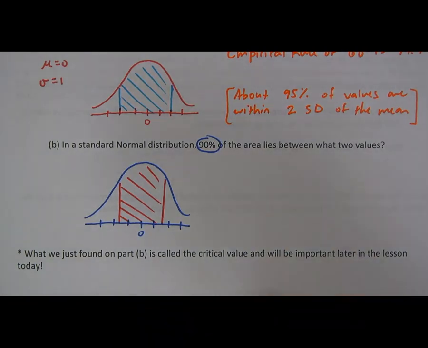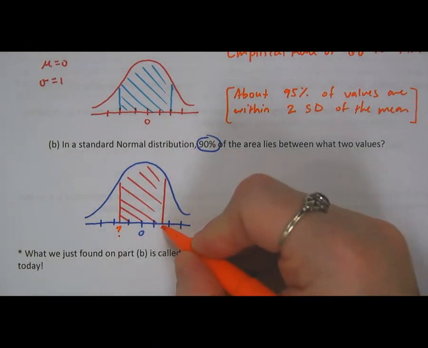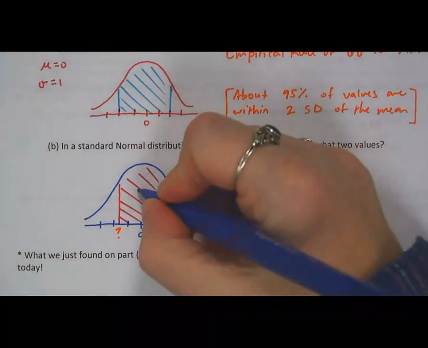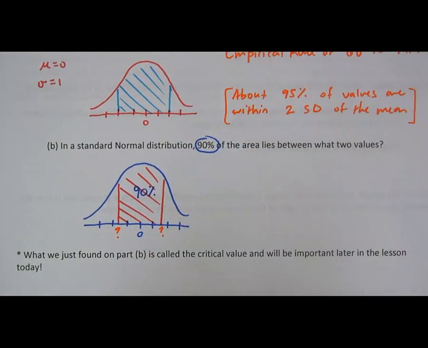But I want to know what these exact values are, because that's the question that's being asked. It's saying 90% of the values are between what and what? Or 0.9 of the area would be the proportion of the area between those 2 values.